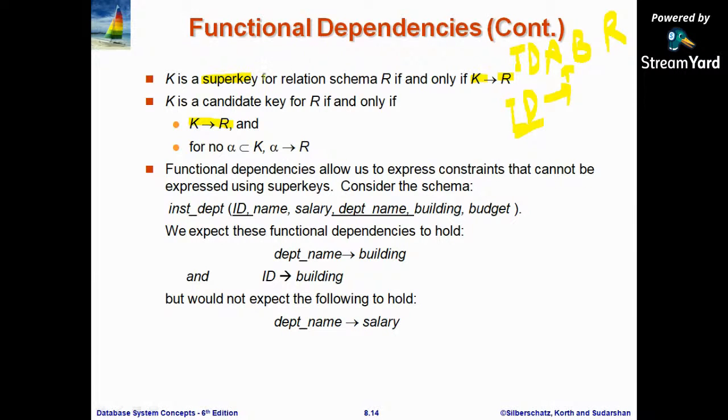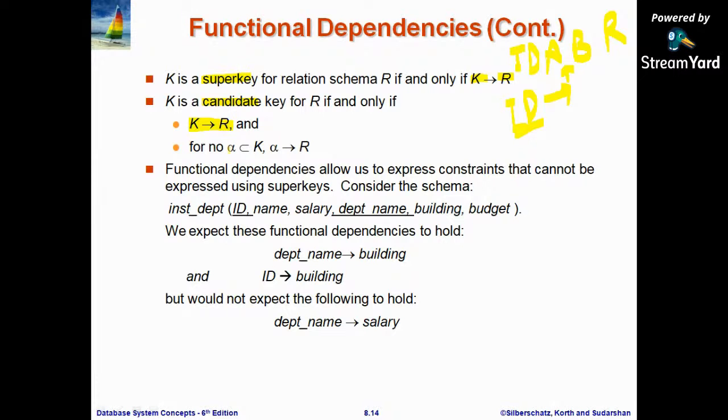Now, how will you define the candidate key? The candidate key can also be defined with the help of these functional dependencies. A candidate key is also a super key, but it is a minimal set of attributes which identify each and every row. So the first condition is K tends to R holds.